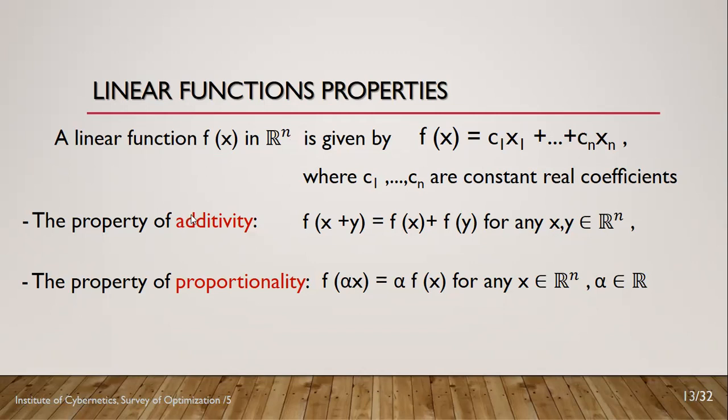The additivity property states that the function of the sum of the variables is equal to the sum of the functions of these variables for any real x and y. And the proportionality property states that if a variable is multiplied by any real number, then the function of x with this real number is equal to this real number multiplied by the function of x.